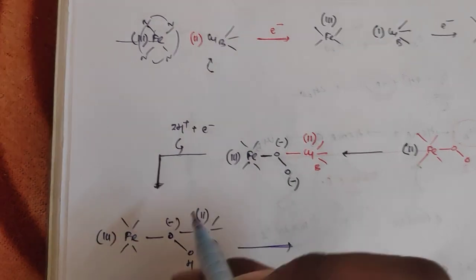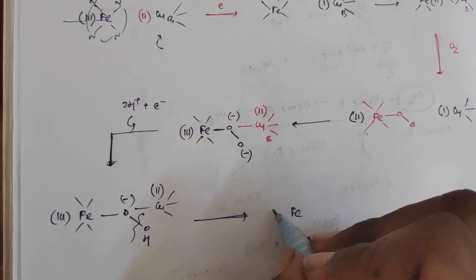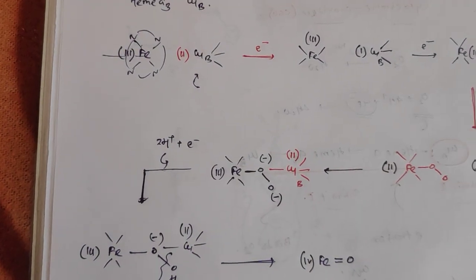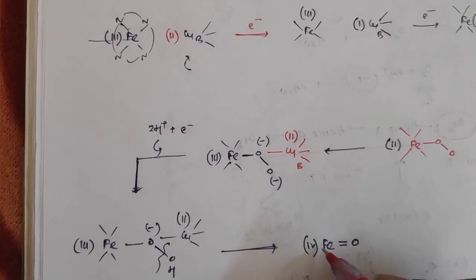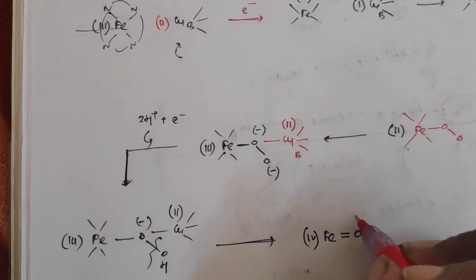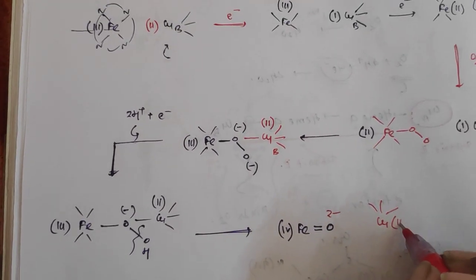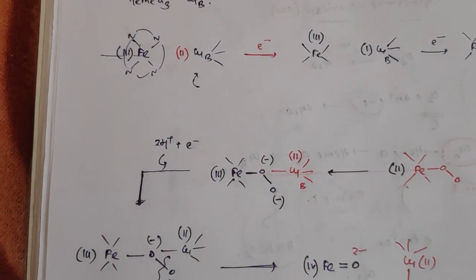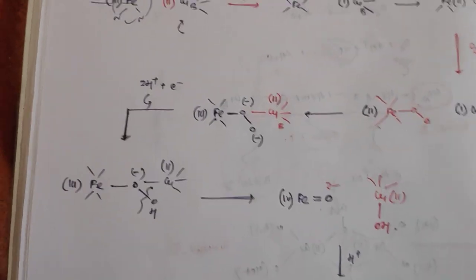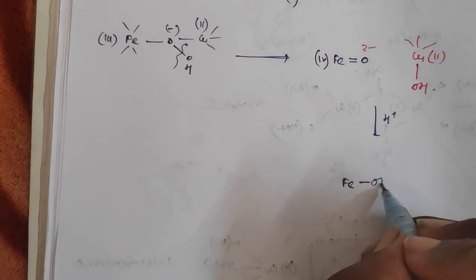Now what will happen, this bond will cleave and we will be getting an iron oxide, and the increment will be there in the oxidation state of the iron. So iron 4 double bond O 2 minus, and copper with 3 N-histidine and 1 OH, and again that H plus, another H plus was present, so it will form iron OH, right?